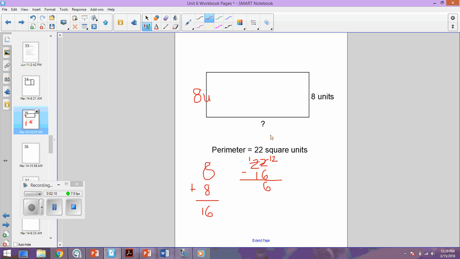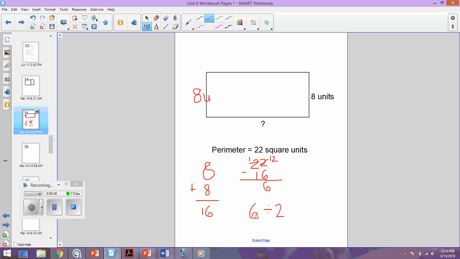I can't put a 6 here and a 6 here because then my perimeter would be too long. So I need to think about what number could I put here and that same number here to equal 6. And so what I want to do is I want to split 6 equally between these two sides, which I know that if I'm splitting a number into equal parts, that's really like doing division.